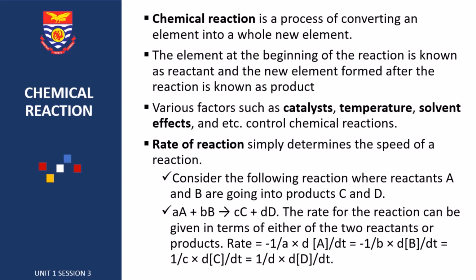And there are so many other factors too. These chemical reactions could go on very fast or could proceed slowly. We use the term rate of reaction to simply determine the speed of any chemical reaction.